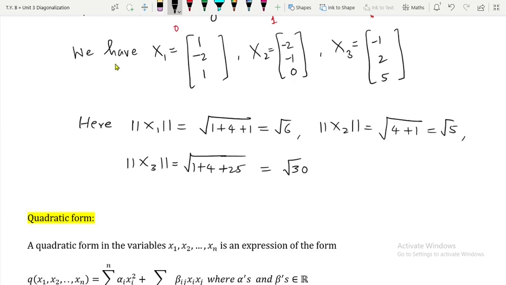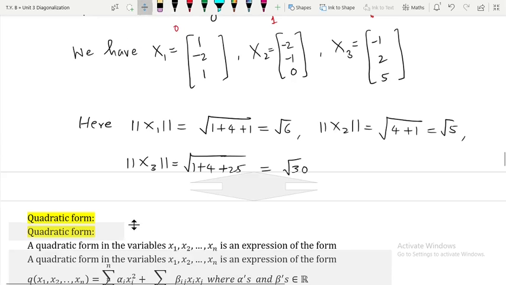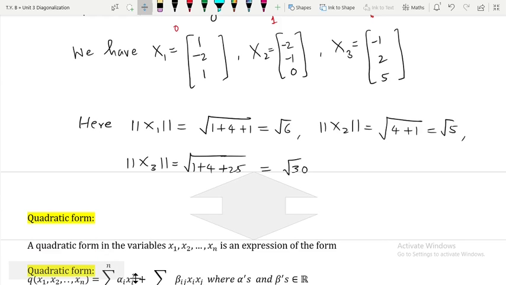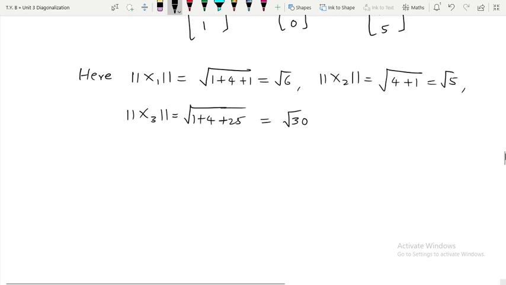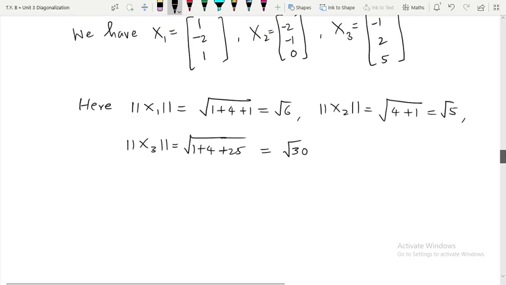So the trick over here is, do you know how to convert a vector to a unit vector? I hope you know it, by simply dividing by its norm. So what I am going to do is divide this x1 vector by its norm, similarly x2 by its norm, and x3 by its norm.